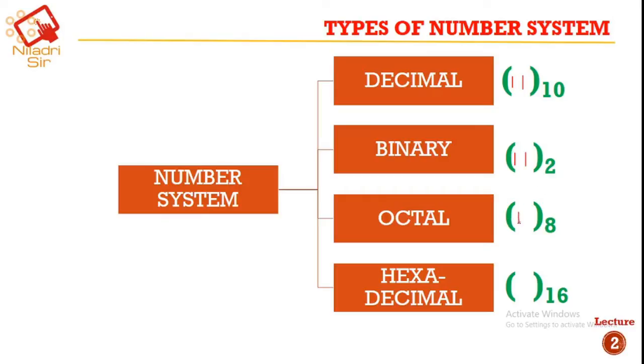The same in the case of octal: we can write 11, and 11 can be octal, binary or decimal, but when I write the base as 8, it will be treated as octal. In the case of hexadecimal also, if we use 11 with base 16, it will be treated as hexadecimal.